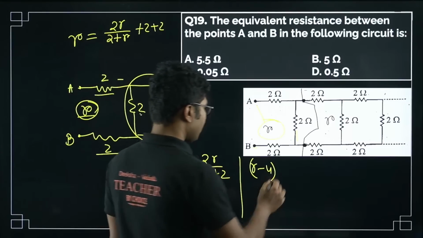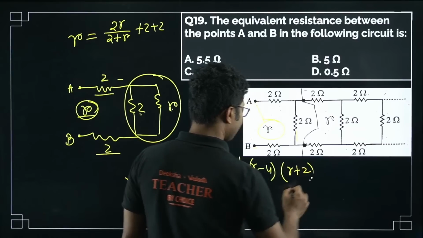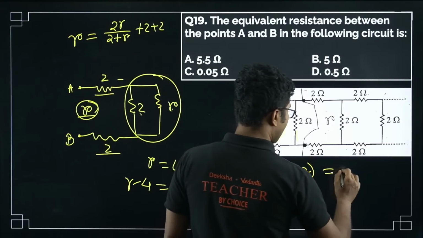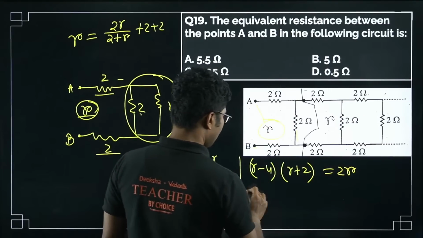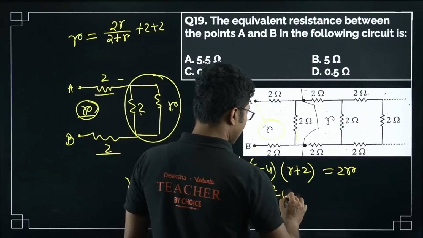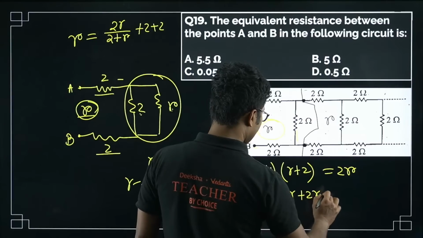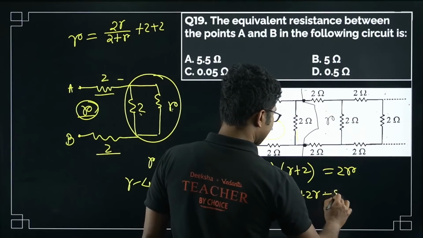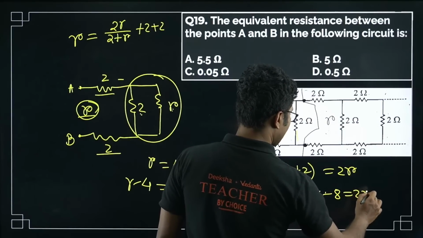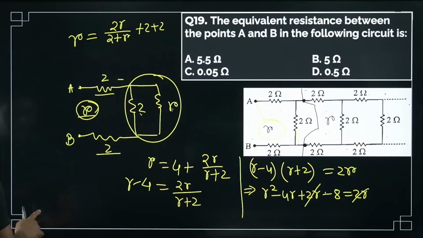There will be a quadratic equation equal to 2r, or r square minus 4r plus 2r minus 8 equals 2r. 2r cancel, so what is the equation you get?